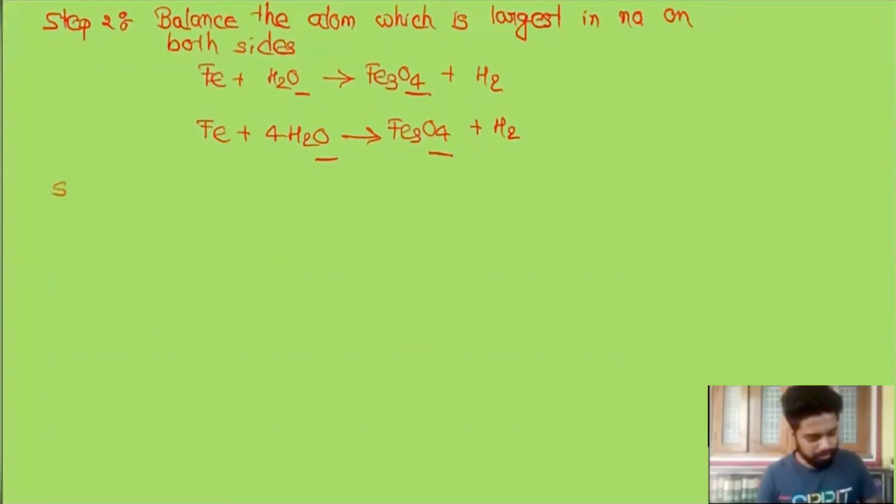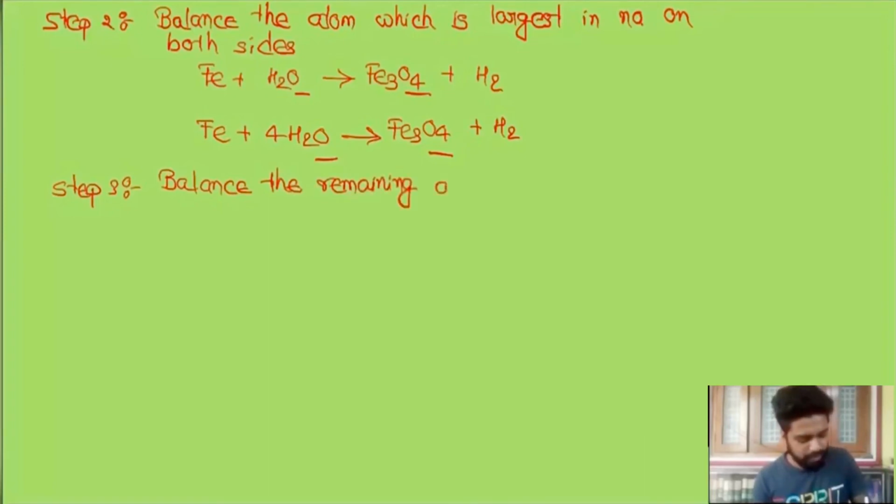Now the next step is to balance the remaining atoms. If you have a look at this equation, you have 3 iron atoms on the right hand side and only 1 iron atom on the left hand side.